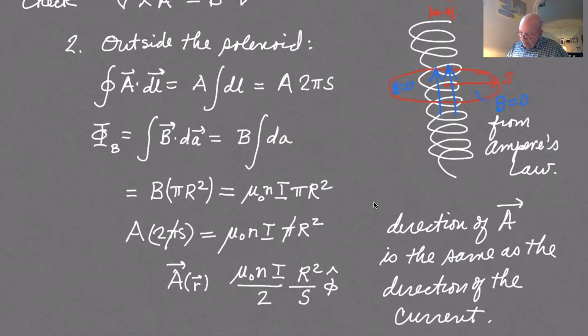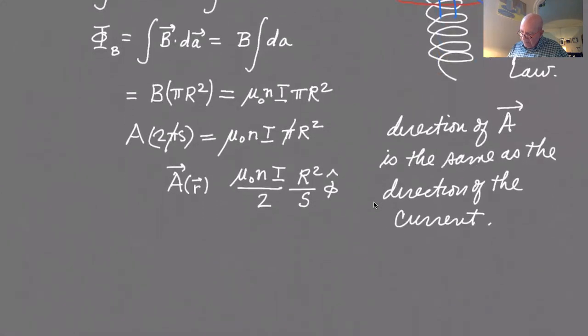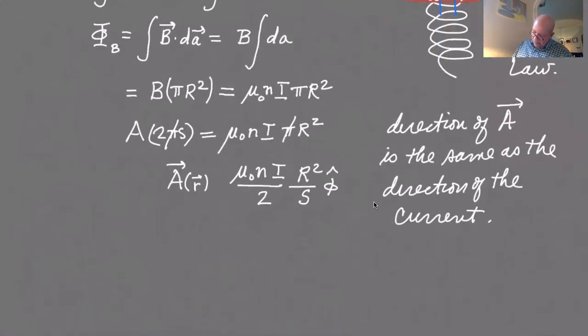So let's look now at a check of these. And so del dot A should be equal to 0.